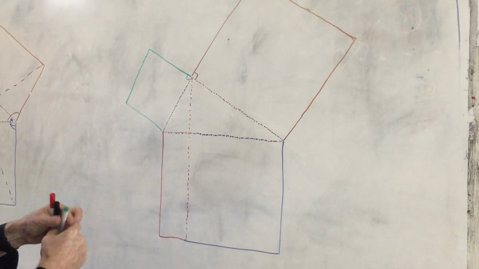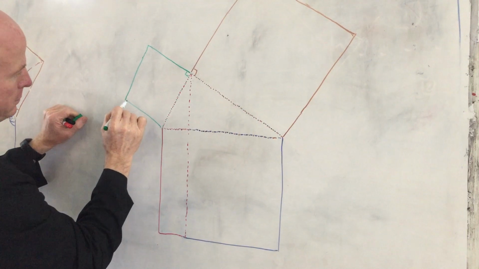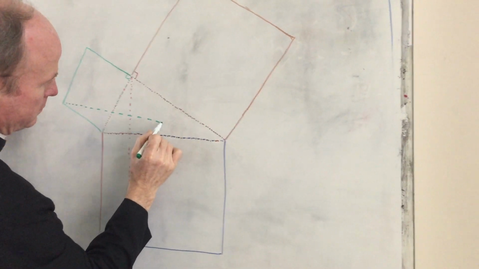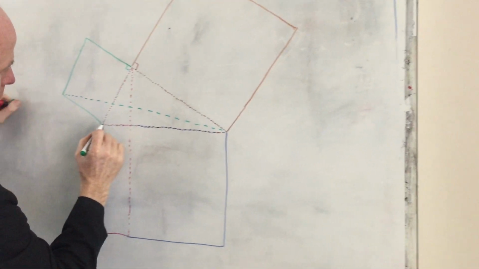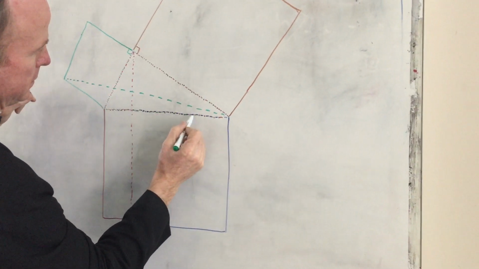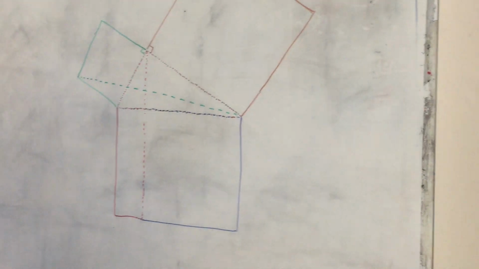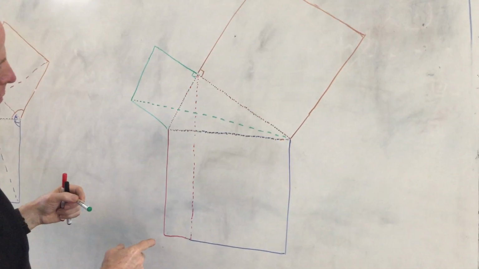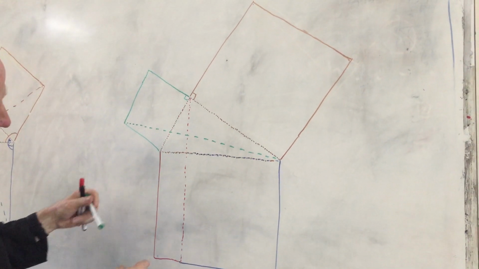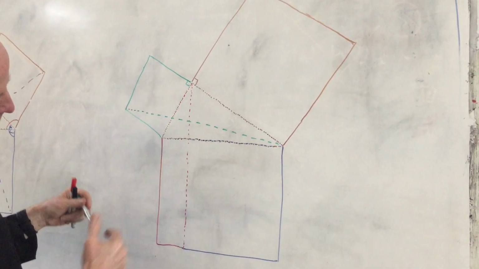Now let's make some connections. Okay. Great. And make some connections here. Did I do that right? Yeah. Okay, let's make some connections here. We'll draw connect here.